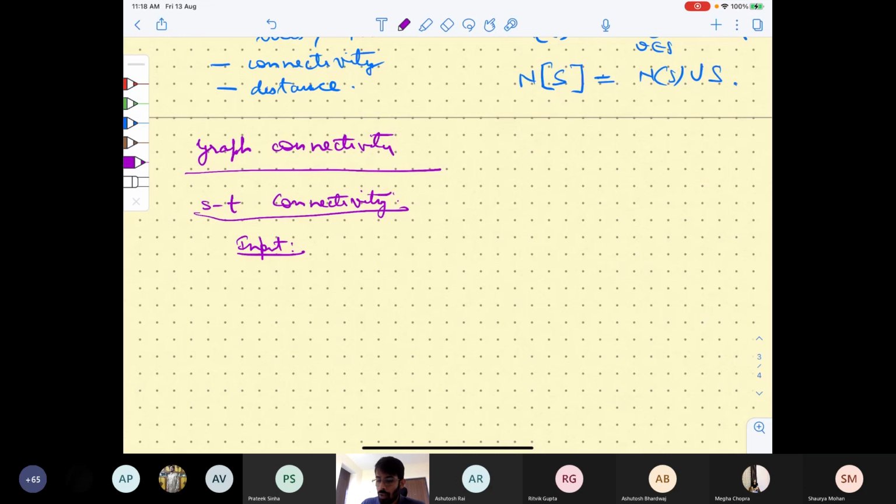All right. So input is G equals (V, E), and sometimes we'll also say V of G to be the set of vertices of G, and similarly E of G, the set of edges. So we'll use that.